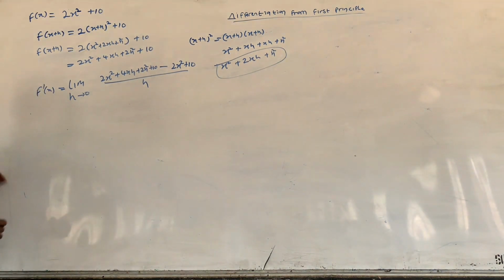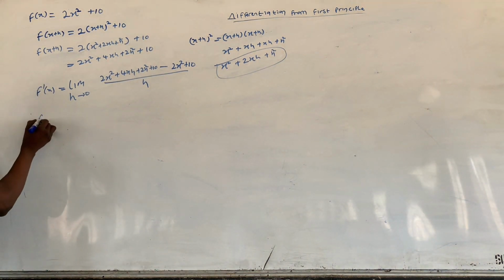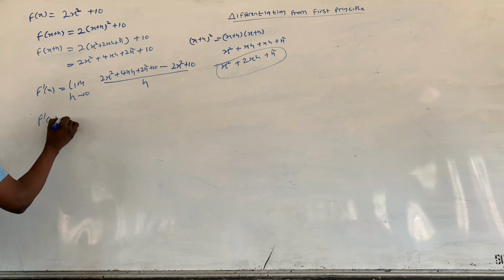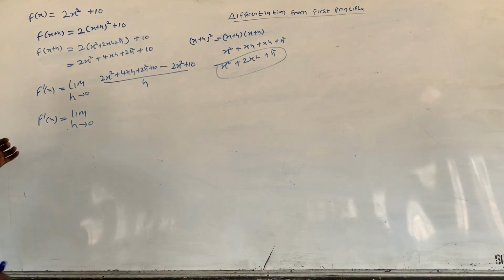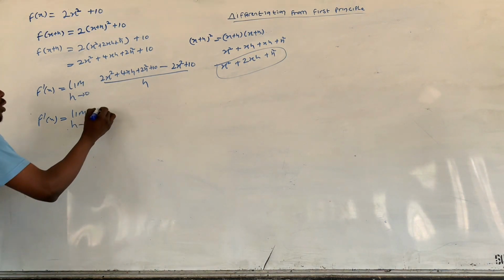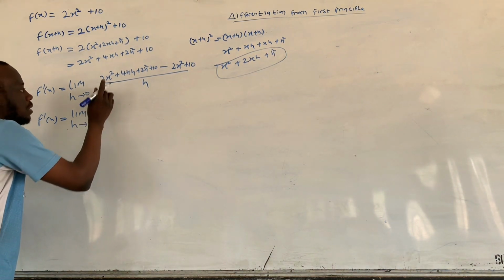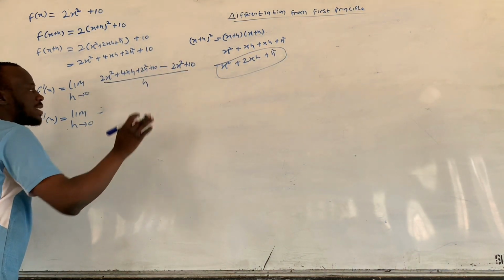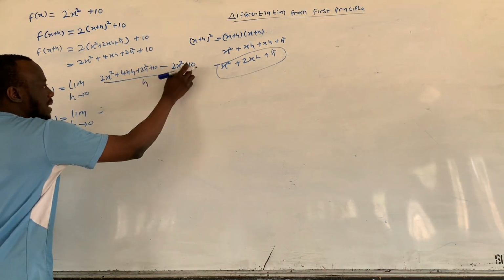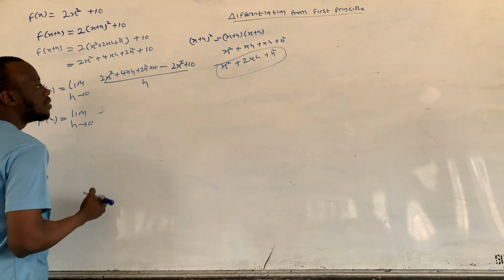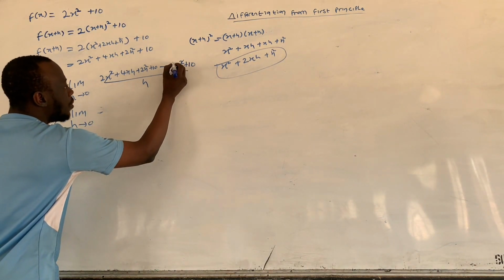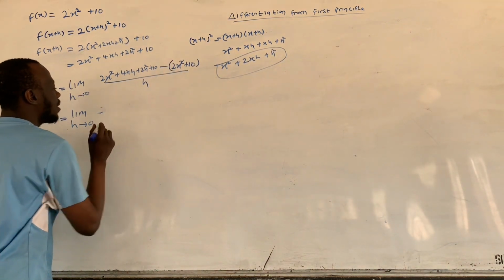As h approaches 0, 2x squared minus 2x squared is 0, 10 minus 10 is 0, I mean this cancels out this. No, sorry, we have to open this in brackets.